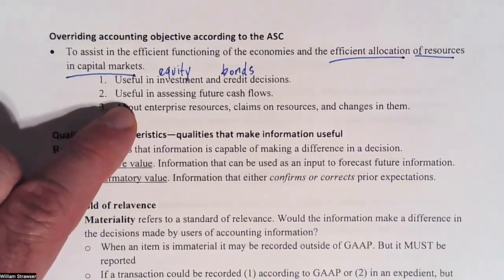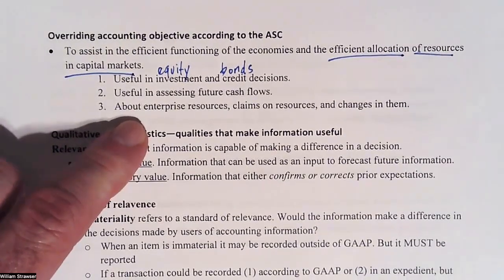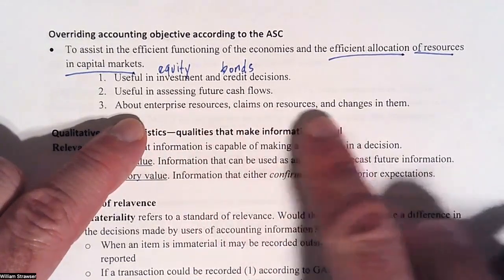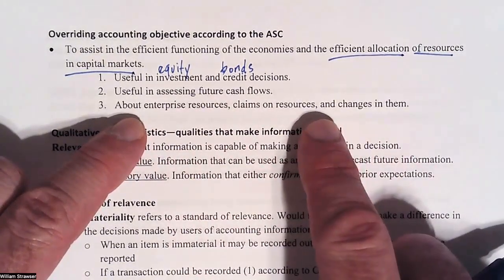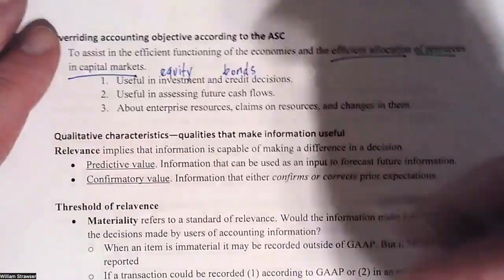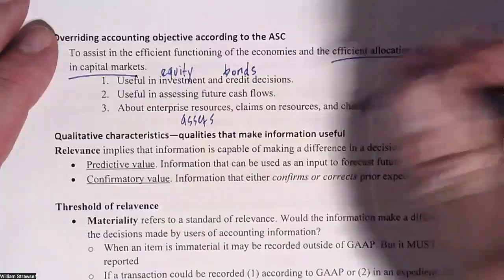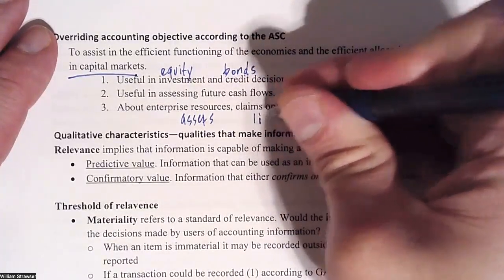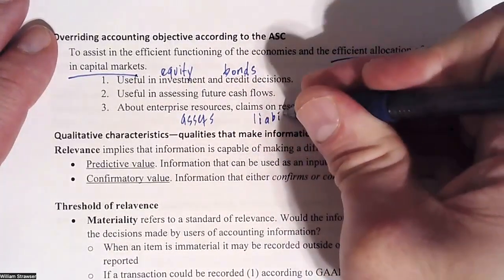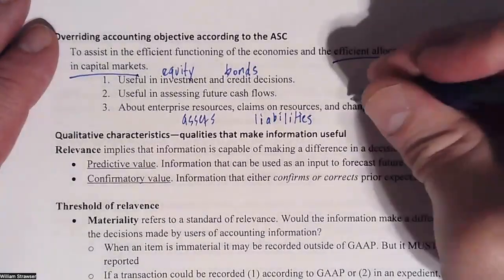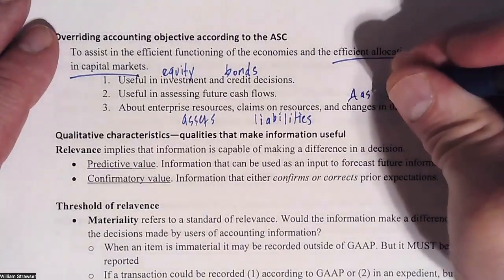Basically, how will the company be bringing cash in the future? And it wants to know about the enterprise's resources, the claims on those resources, and any changes in them. Resources are basically assets. Claims on the resources are liabilities. And changes in the assets and liabilities of the company.